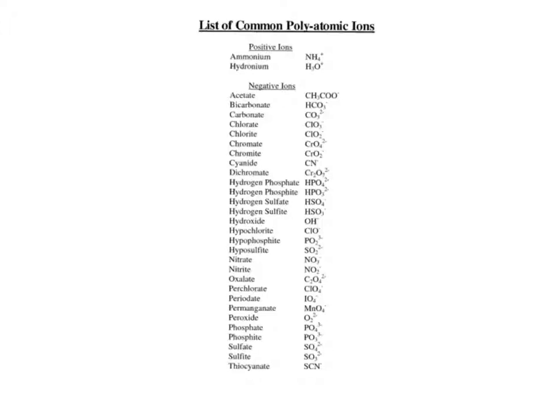Acetate, bicarbonate, so sodium bicarbonate, typically used in cooking and baking, carbonate, chlorate, chlorite, sulfites, for those of you that drink wine, if you're old enough, the sulfites, some people say they cause headaches, nitrates and nitrites, a lot of these are preservatives in meats, and some of that bright red color that you see that looks really nice in a grocery store is actually a result of these types of preservatives being added, and actually artificially gives it that reddish color.